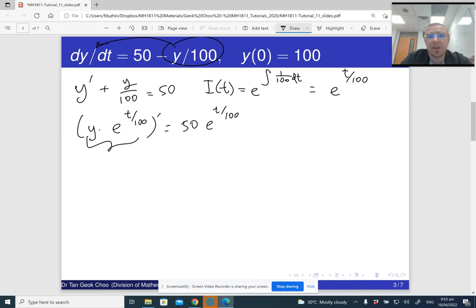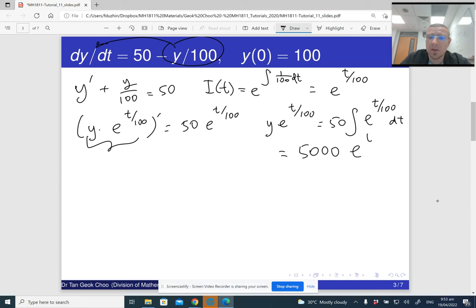So y times the integrating factor is going to be the antiderivative of the right-hand side, 50 times the antiderivative of e to the t over 100 dt. The antiderivative of the exponential function is the exponential function, only we need to divide by 1 over 100, so it's 5,000 e to the t over 100.